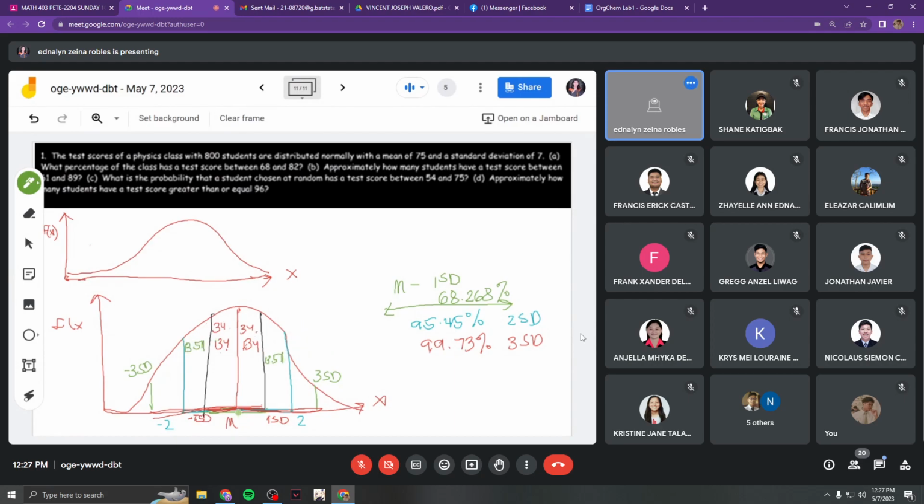So from the first step papunta sa second step is 13.511% yung probability. And from the second step papunta sa third step, 99 minus 95 is almost 4, so from the second step papunta doon sa ating third standard deviation is 2.14%.